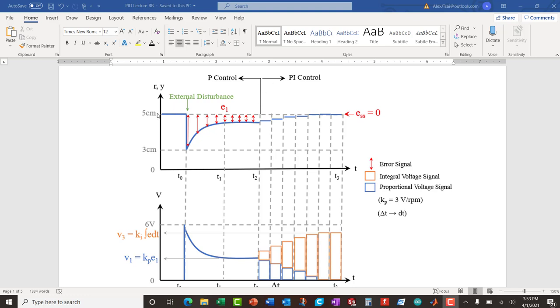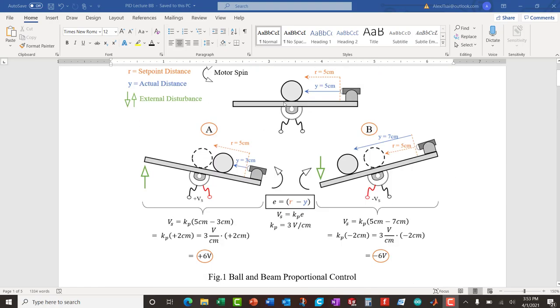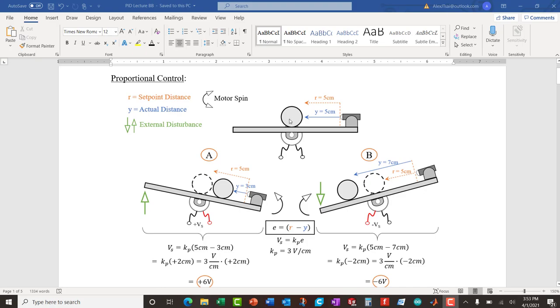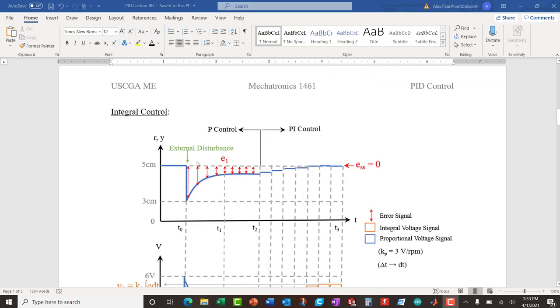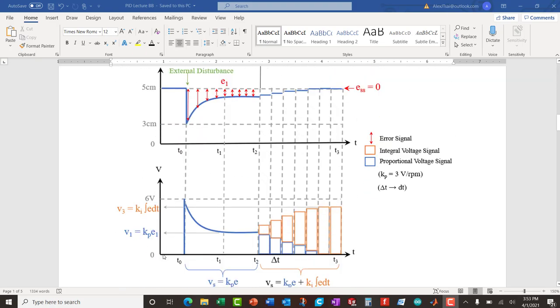So let's see what happens from the left, okay? From the left, anytime from 0 to T sub 0, the ball is right at the center at 5 centimeters, okay? That's what we kind of stated here. That's our desired position. So we're at the center, therefore there's no voltage going to the motor. Everything is fine.